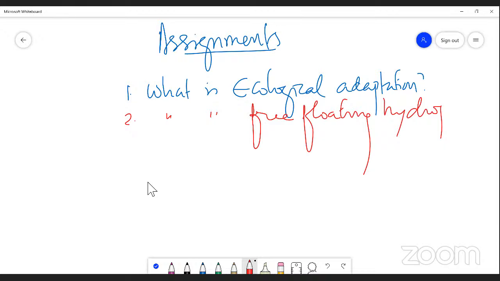Third one: what is rooted floating hydrophytes?